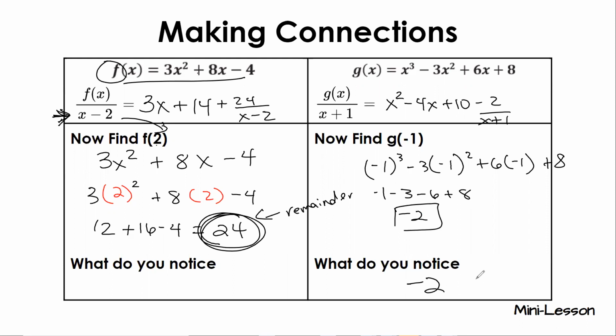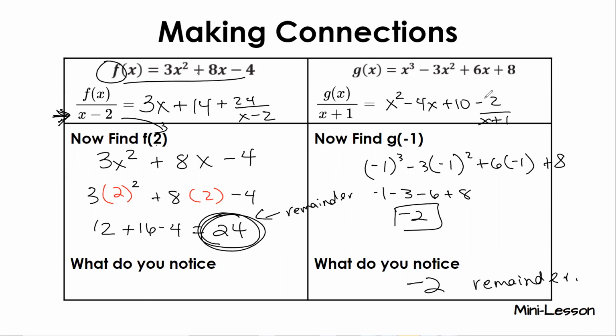That's my remainder. That's all I need you to know: if you took -1 and plugged it in, it gives you the remainder. If you divide by x plus 1, you would get a remainder of -2.